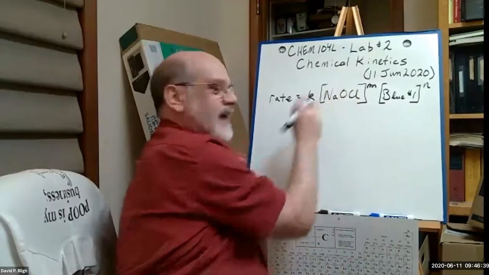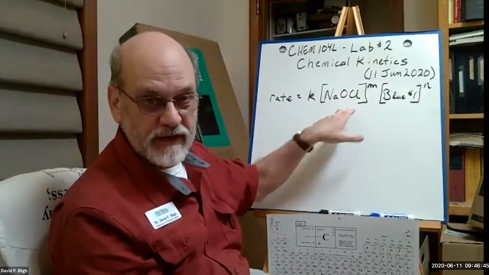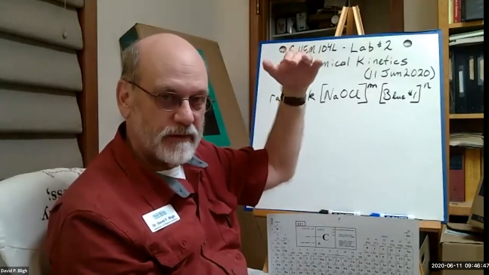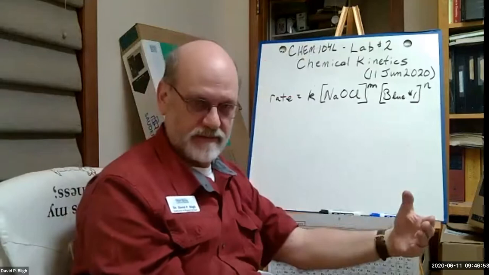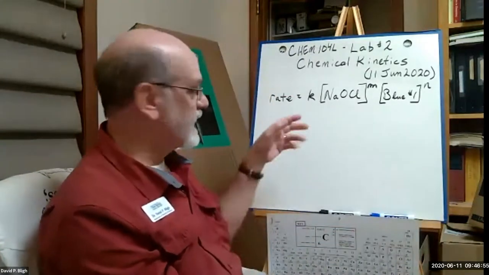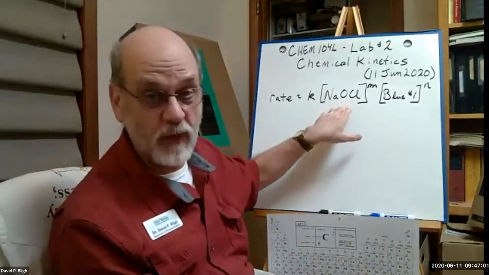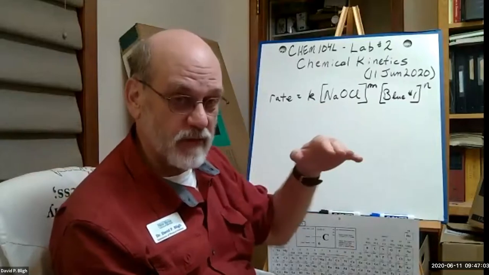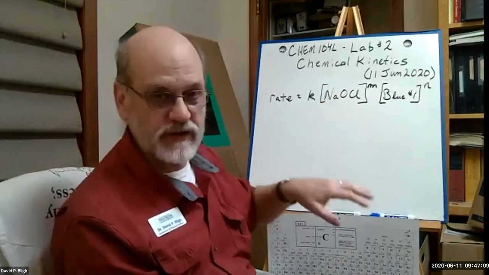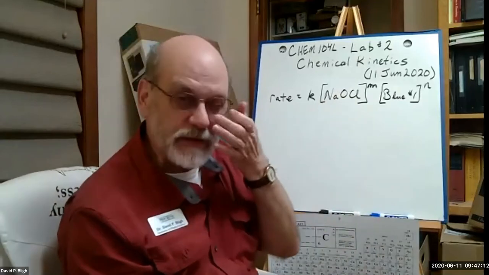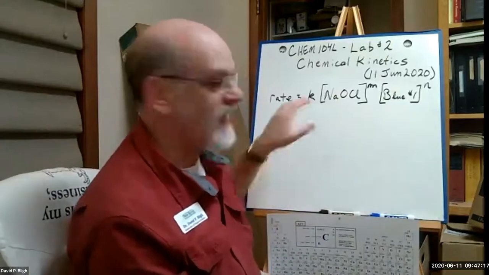You provide in this reaction a concentration of sodium hypochlorite that is so high that at the beginning of the experiment, remember this is kinetics by initial rates, that doesn't change significantly. I mean, it changes so little that it has no effective bearing on the behavior of this and that.